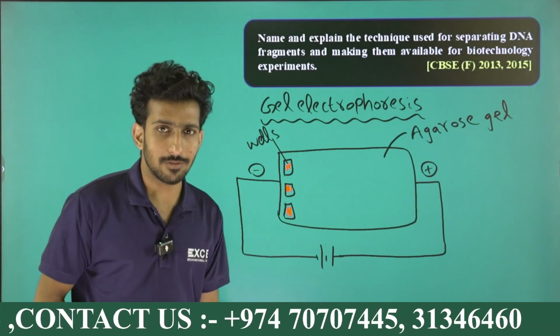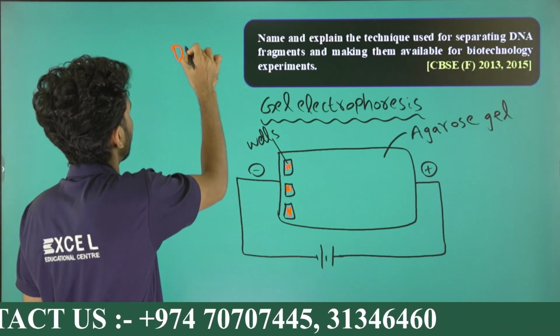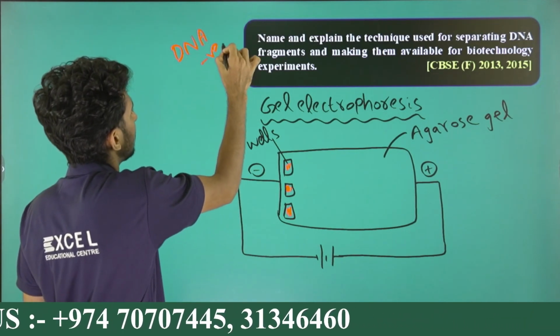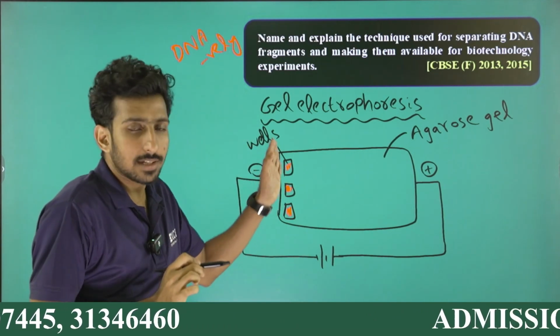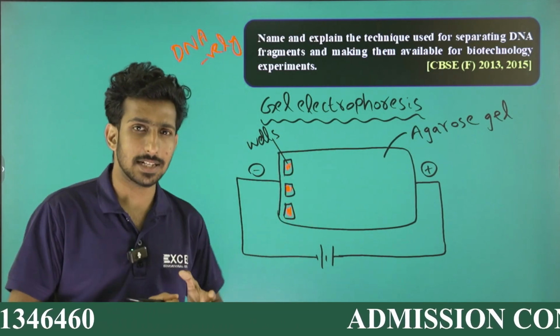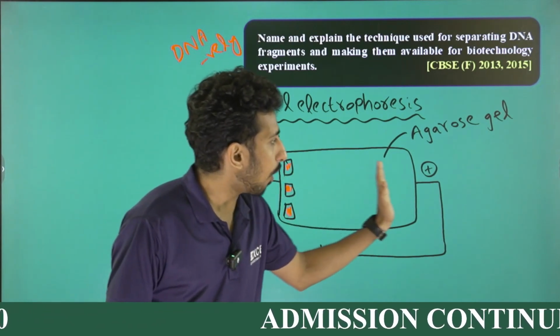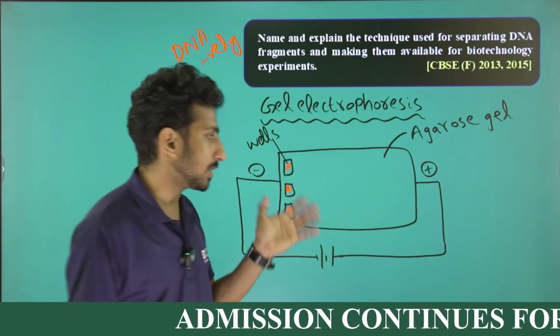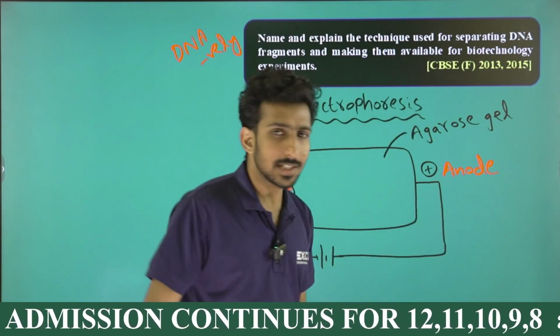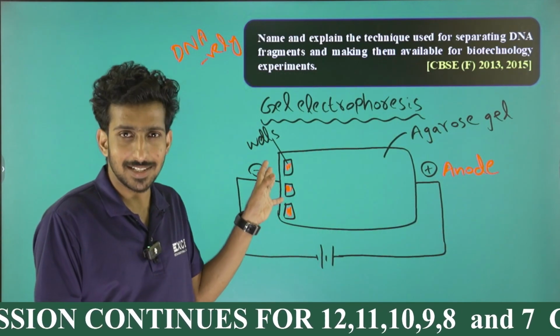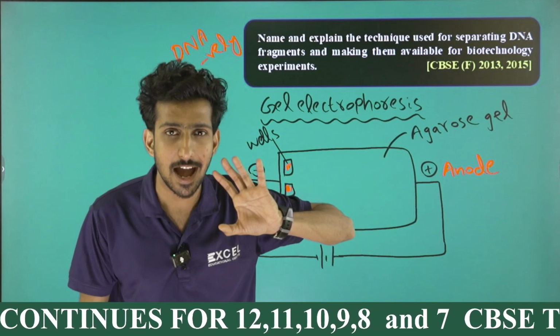You know that DNA fragments are negatively charged. These negatively charged DNA fragments have a tendency to move towards the positively charged part, or anode.